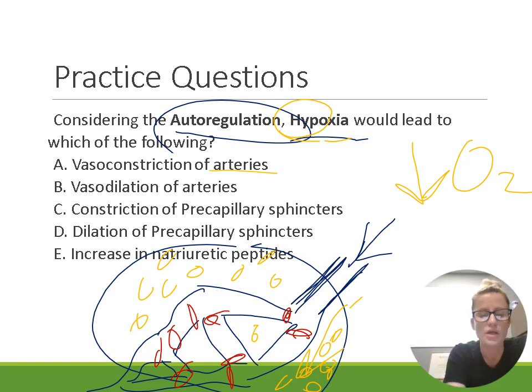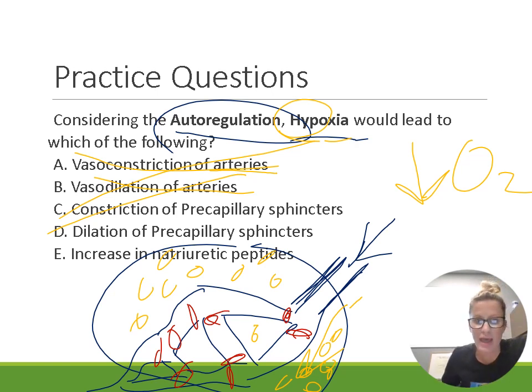Vasoconstriction of arteries? No, we're talking about autoregulation. We're talking about just moving blood through this capillary bed. We're not talking about a systemic thing, right? That would be neural control. So nothing with the arteries. Vasodilation of arteries, again, nothing with the arteries. That's neural control, or hormonal control with angiotensin 2.